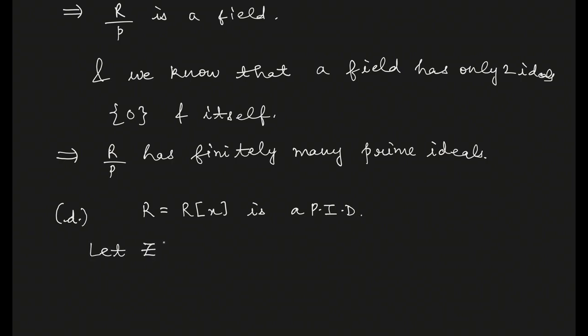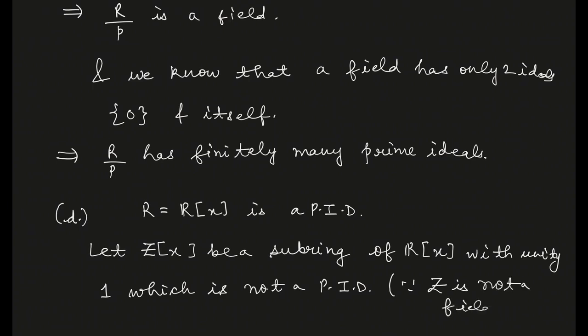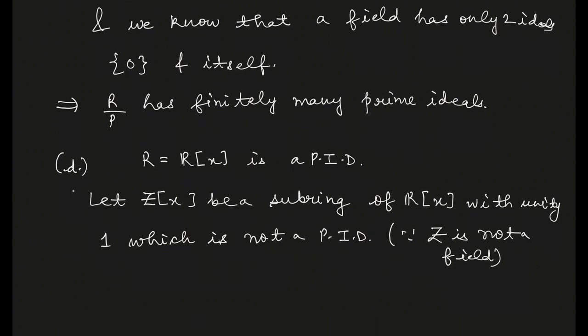Now I take a subring of this ring R, say Z[x], with unity 1, which is not a PID because Z is not a field. So option D is wrong. So the answer for this question is option B and C.